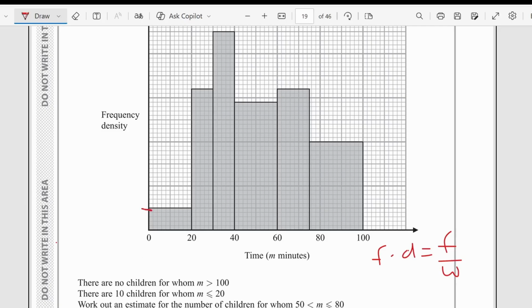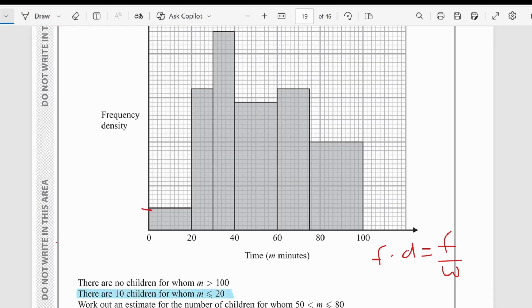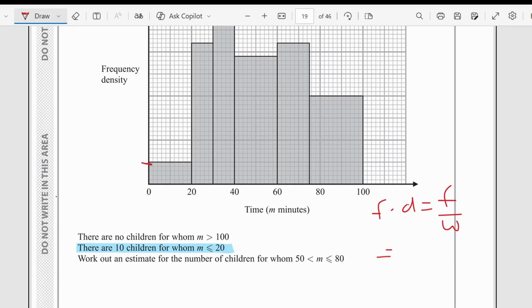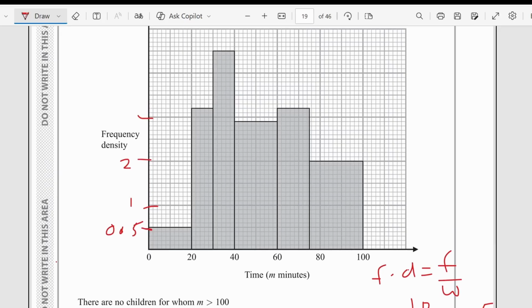Using the information that 10 children means frequency is 10 and the interval is 20, the frequency density for the first bar is 10 divided by the class width 20, which is 0.5. So this bar is 0.5, this would be 1, then 2, then 3, then 4, and this would be 4.5.